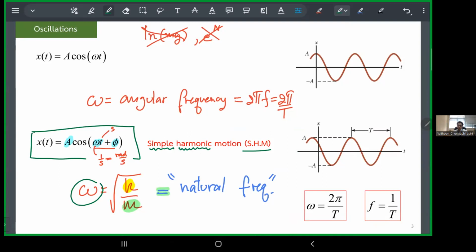Cool. But you might be wondering, is there any not-so-simple harmonic? Yeah, of course. Sound from a musical instrument is not going to be a sinusoidal wave. It might look like this. Even though it's periodic, the shape of the wave is not going to look simple.